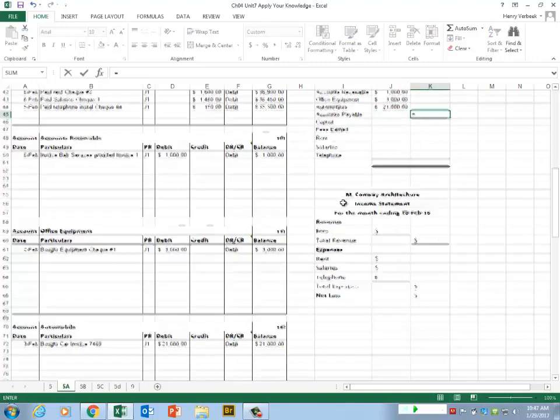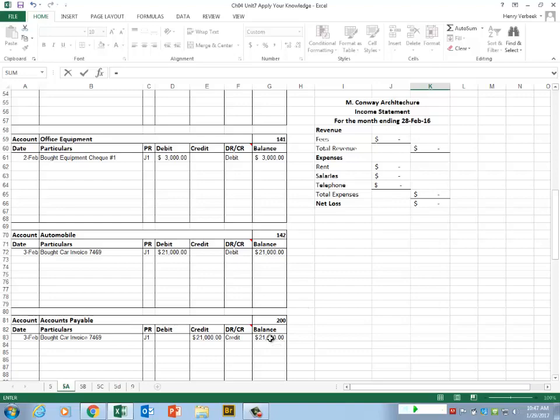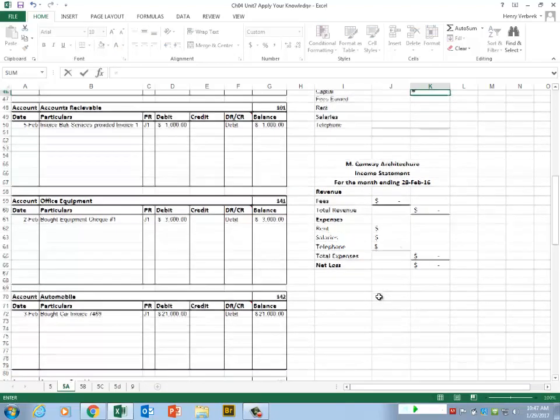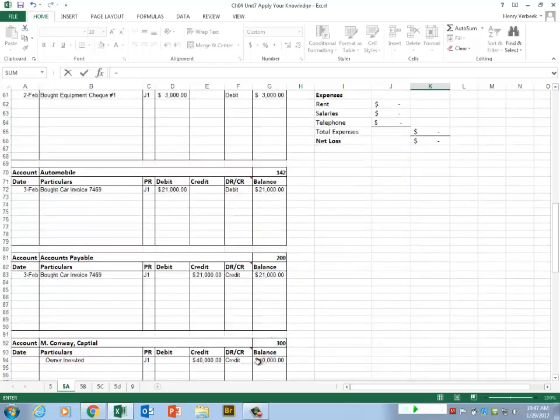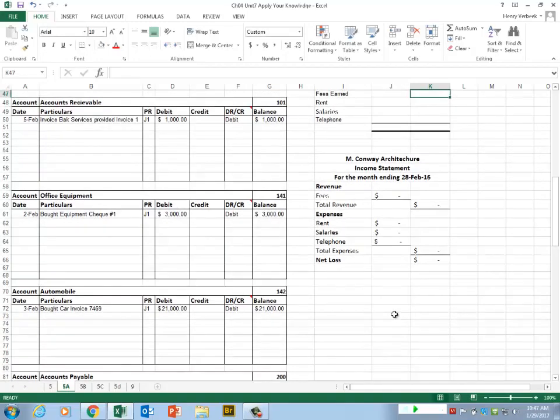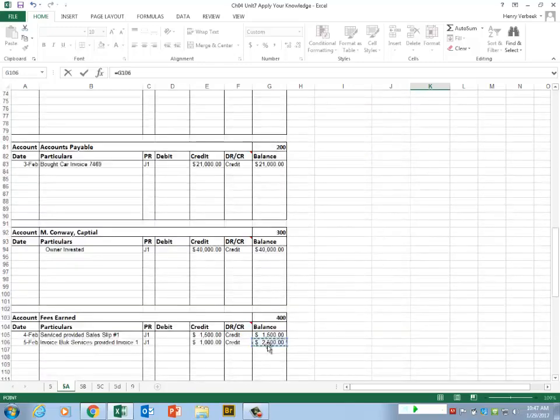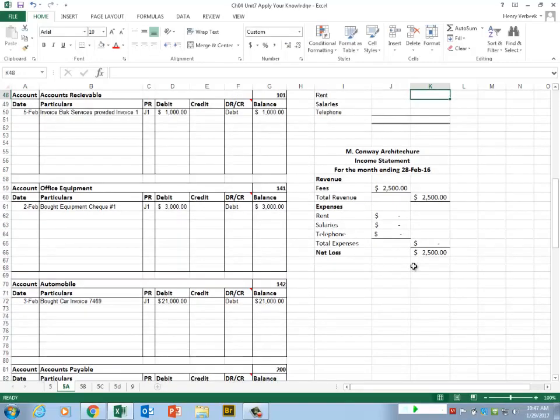I'm going to go equals. Accounts payable is a credit. Equals the capital, M. Conway Capital. Enter. Fees earned is also a credit. So we're going to go equals. And then rent is a debit. So I'm going to move back over to the other side. Equals.